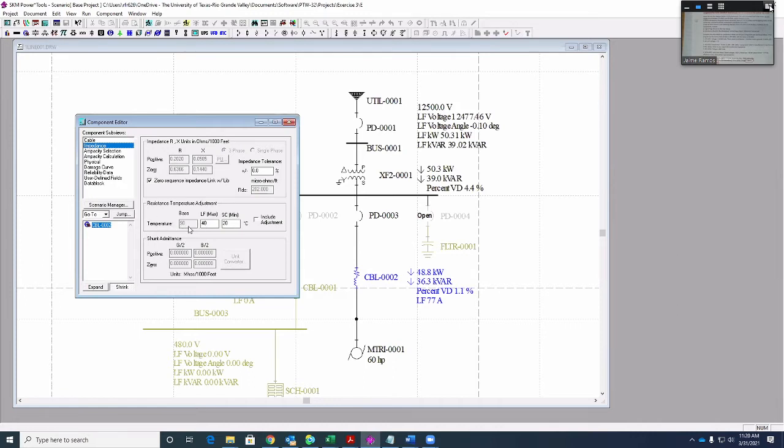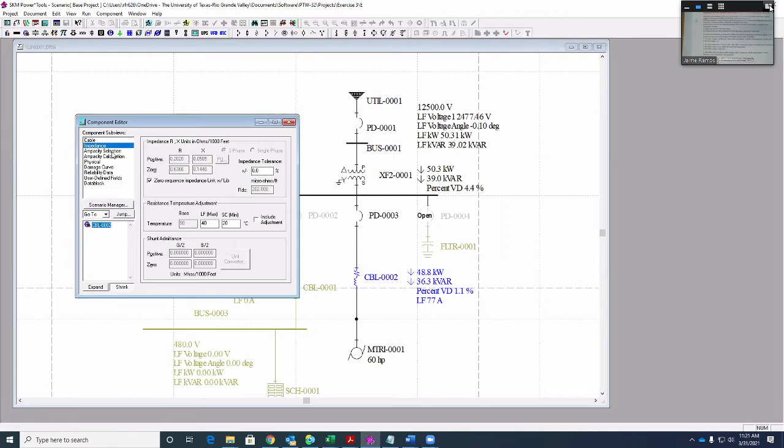For example, on a base temperature, short circuit. So here is the impedance. Look, R in units of ohm per 1,000 feet. Positive sequence, 0.2 ohms, 0.05 X. Okay.